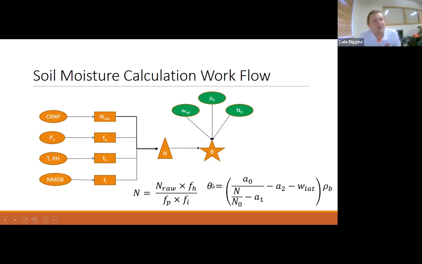And so to calibrate, we actually figure out what the volumetric water content, the theta, is at that particular point, and then we calculate backwards, putting in all of our other variables to get our N0, which then will be the N0 for that station in that field. And that's where our calibration factor comes in.